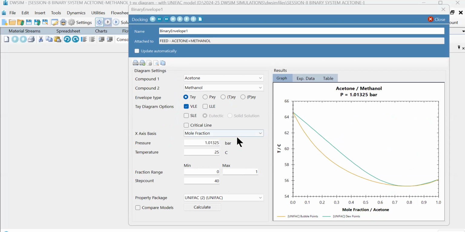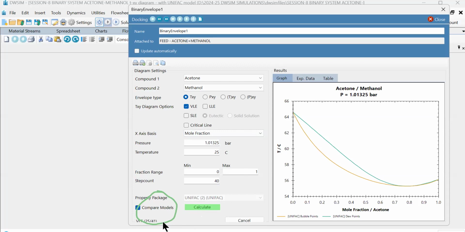So we are comparing this, right? Now, there is one more feature here. If I click here, compare models, I click the checkbox there. Initially, if I unclick and click here, and I calculate, it will give both diagrams in one diagram, both the TXY easily in one diagram.